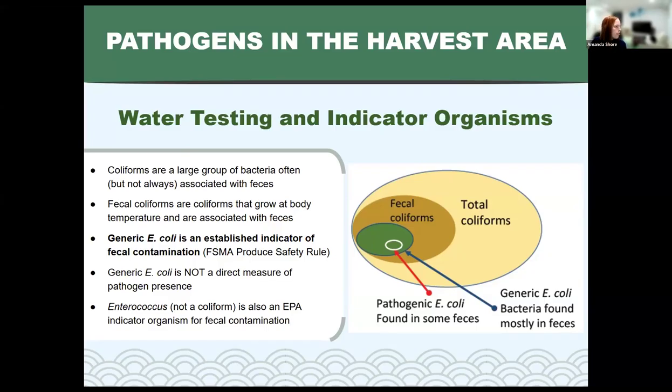State agencies often use Enterococcus as their indicator organism for closing beaches and other coastal waterways. So if you don't necessarily have coliform data available, there might be enterococcus data available to help you assess whether your site may have these microbial contaminants.